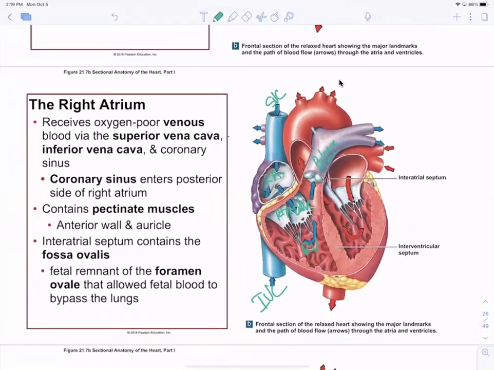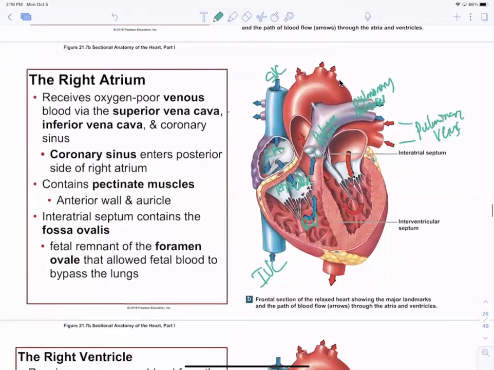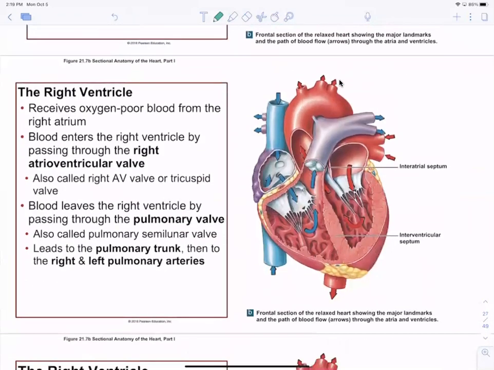Trunk and arteries. Pulmonary arteries. And then these are pulmonary veins. Right ventricle, again, blood goes through the right AV valve. And then up the pulmonary semilunar valve and the pulmonary trunk, and then pulmonary arteries.